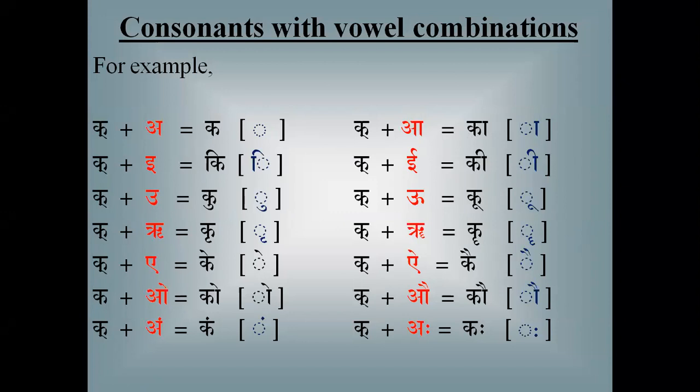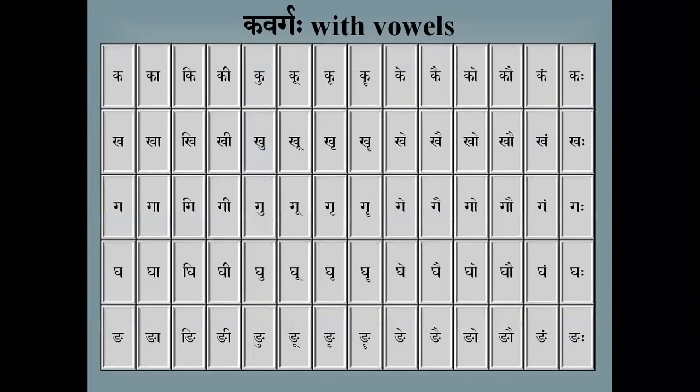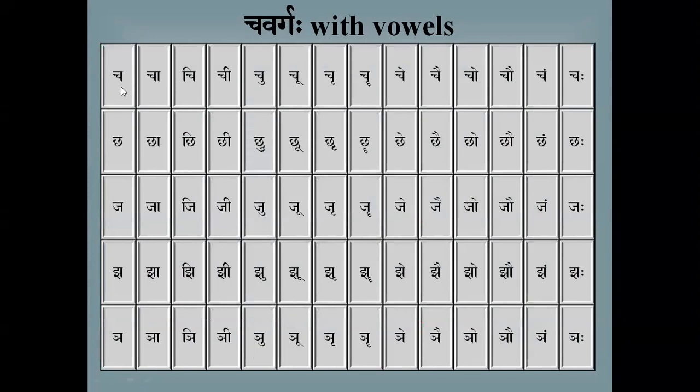Similarly, for all the consonants. For example, if you take the next class, here cha is there. What is the letter cha? The letter cha is a combination of chakara plus a. I'm adding the suffix kara to the letter.